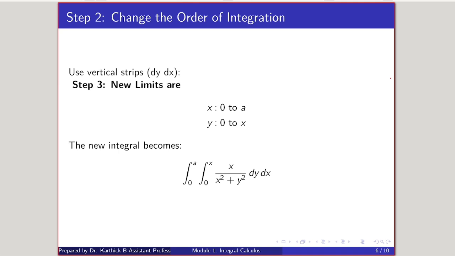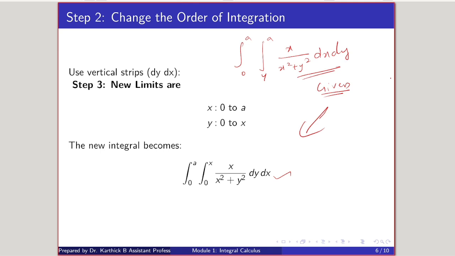So with this, I am getting a new integral. The older given problem was 0 to a, y to a, x by x square plus y square dx dy. After changing, the function becomes the same: x by x square plus y square.